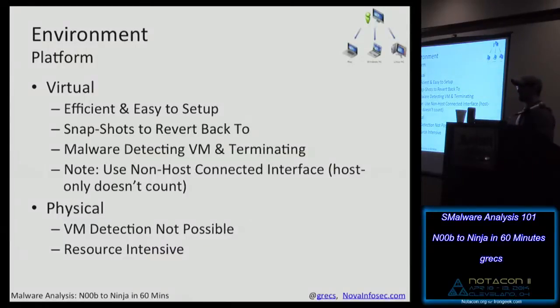What's nice about a virtual environment is if you run the malware and you screw that up, you can easily just revert back to your snapshot. It takes less than 10 seconds, right? But with a physical box, theoretically you have to reinstall the operating system, and so on. Now, there's Norton Ghost and things like that, so there are solutions for it, but it's just not as easy as it is with a virtual environment.